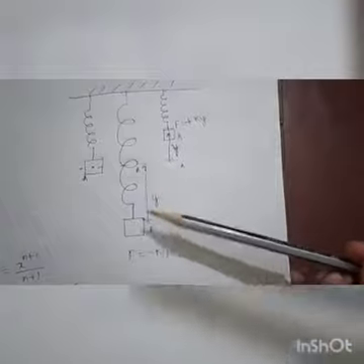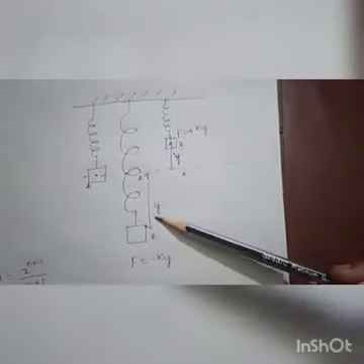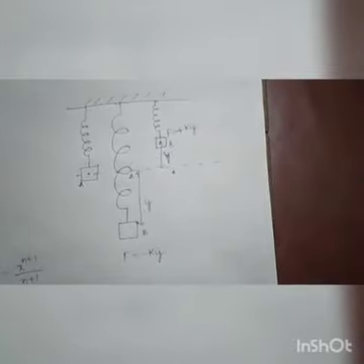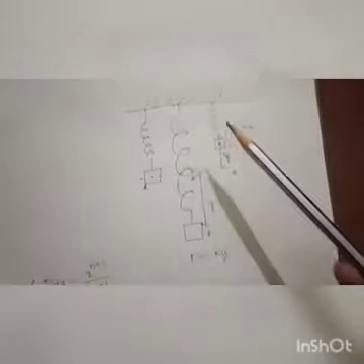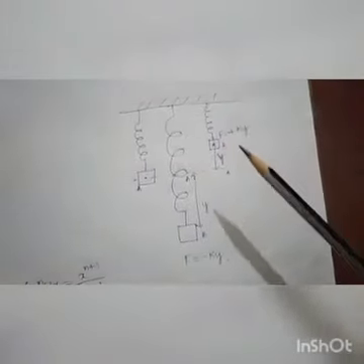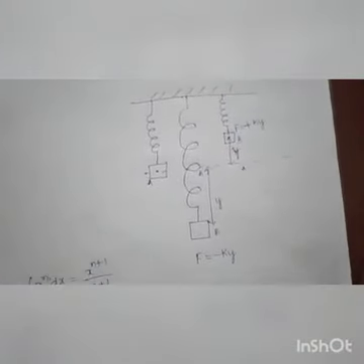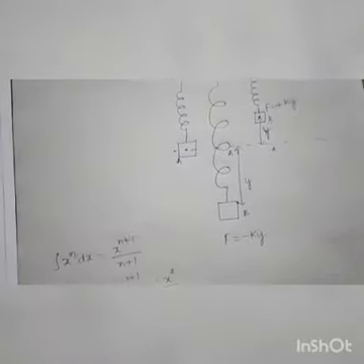Then the displacement in a vertical spring will be y. For a horizontal stretched spring, the displacement is taken as x. In a vertically stretched or compressed spring, the displacement is taken as y from the mean position to the extreme position.